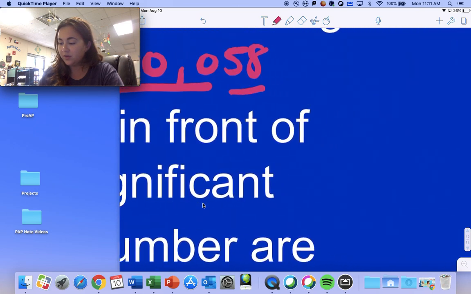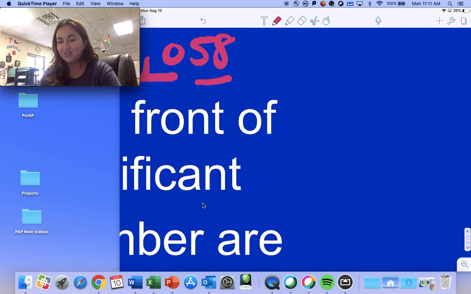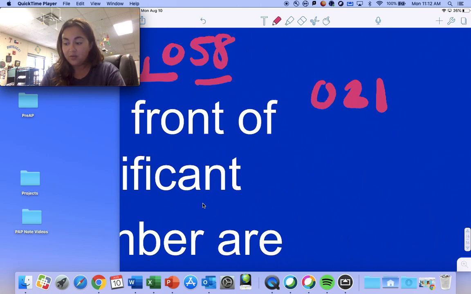I'm going to zoom in over here because I get a lot of questions on this one. Leading zeros are zeros that come in front of the first significant number if you're reading it from left to right. So, for instance, let's say we have a number with no zeros in it, 21. Technically, if you were looking at all of the numbers that could potentially be in a place, like in the hundreds place for 21, there would be a zero there.